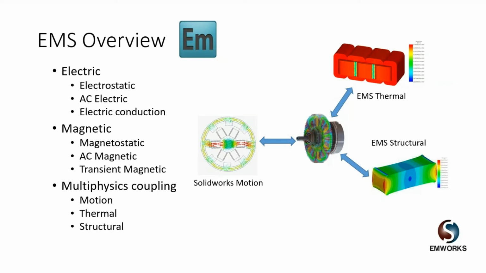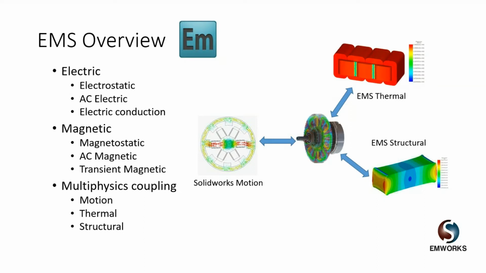So you could use this SolidWorks motion to create a spring which is holding this moving part, also damping its motion, and really predict and analyze dynamically how the electromagnetic force given to you by, for example, EMS transient magnetic is going to interact with the SolidWorks motion analysis and give you the full motion result.